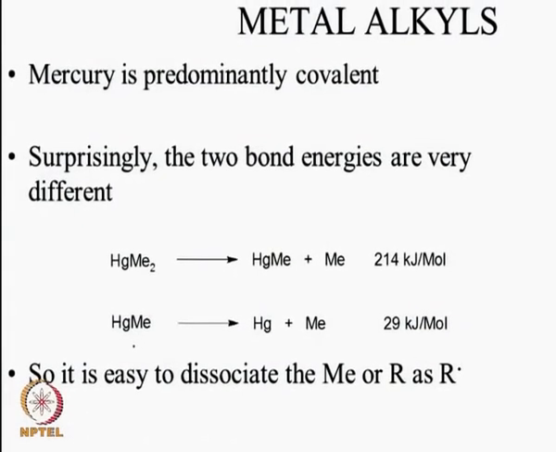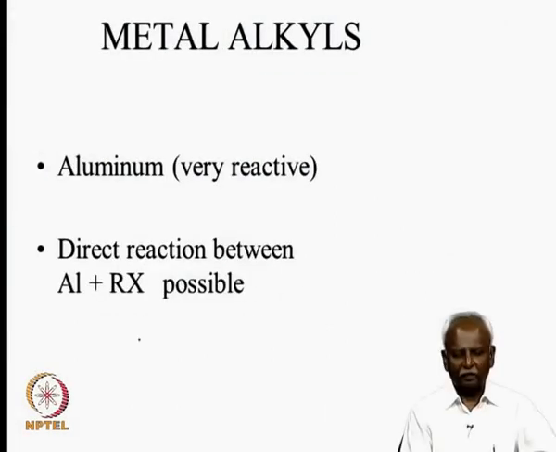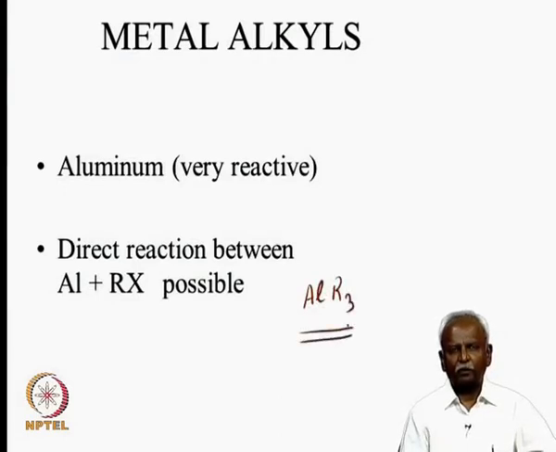And it is interesting that whereas aluminum would form AlR3 species which are bridged and appear to be reasonably covalent, you have most of the reactions of the alkyl group attached to the aluminum as if R is behaving as an R minus group.